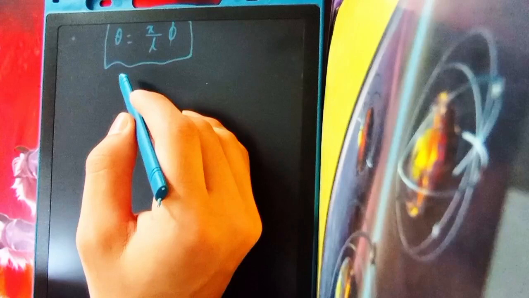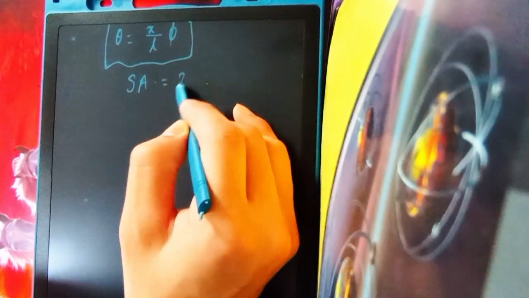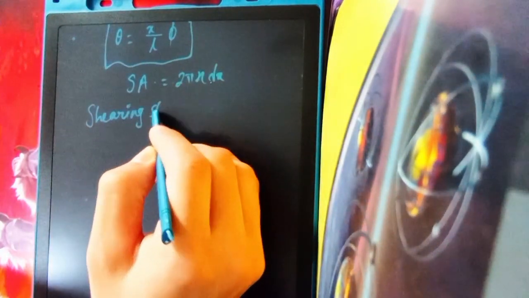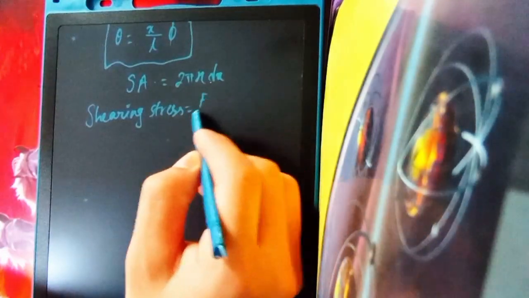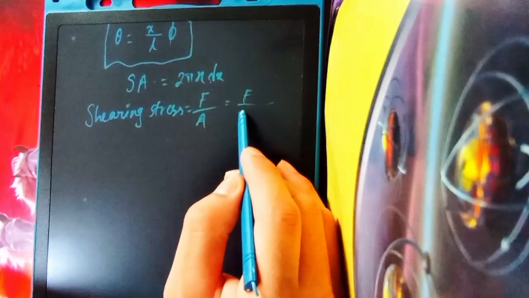Here x is the radius, and the surface area is equal to 2 pi x dx, and we also know shearing stress is equal to force upon area. I hope you know that. The force is F and the area is 2 pi x dx.